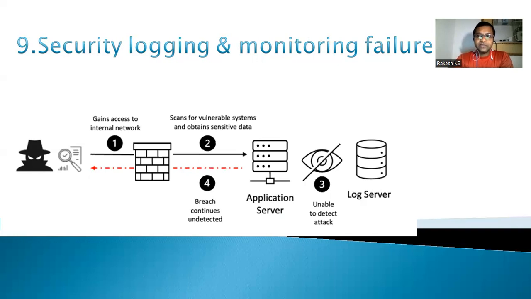This is the biggest failure. When the server doesn't notify that an unknown person is logging into the system, the attacker will take it as a chance. He will go further with the investigation, break the system, and take the entire database information.